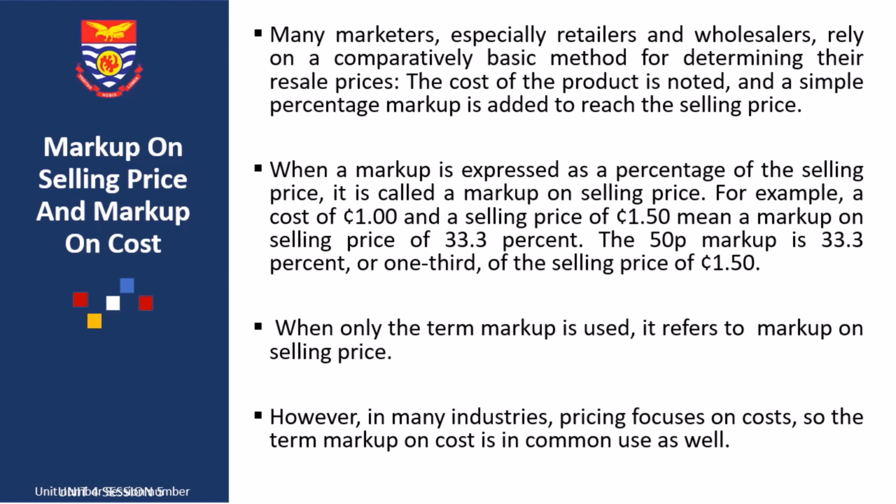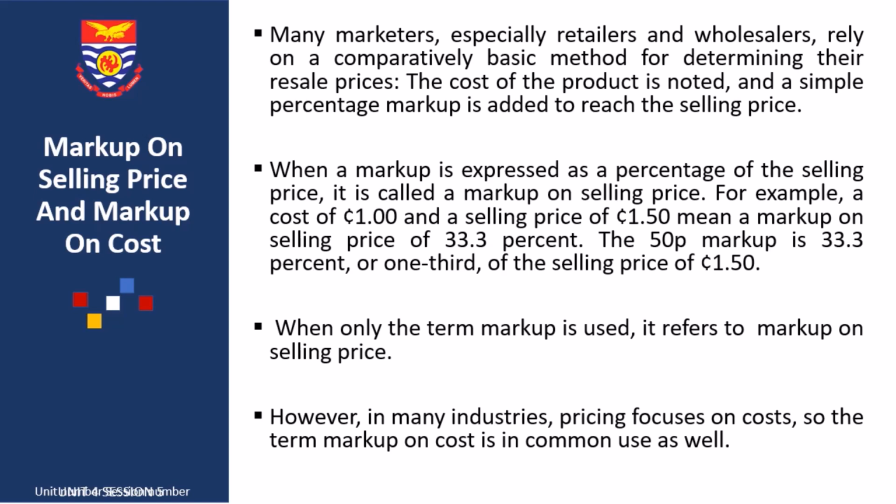Many marketers, especially retailers and wholesalers, rely on a comparatively basic method of determining their resale prices. The cost of the product is noted, and a simple percentage markup is added to reach the selling price.